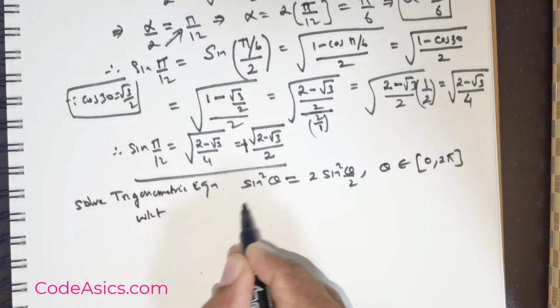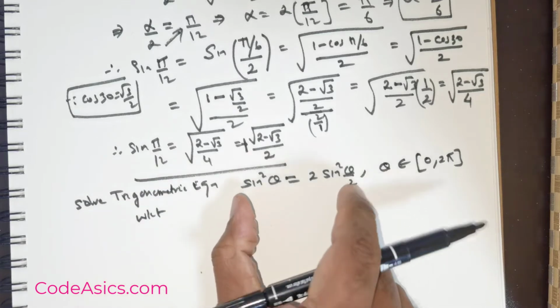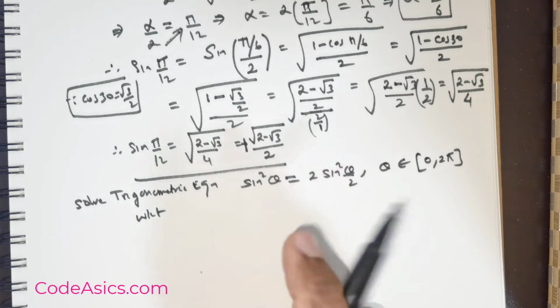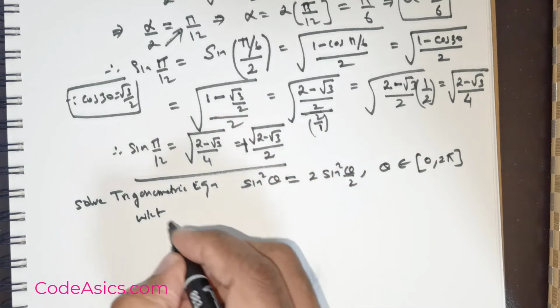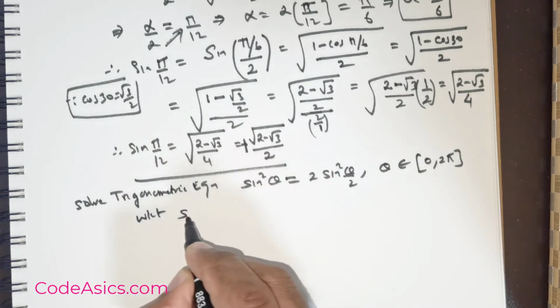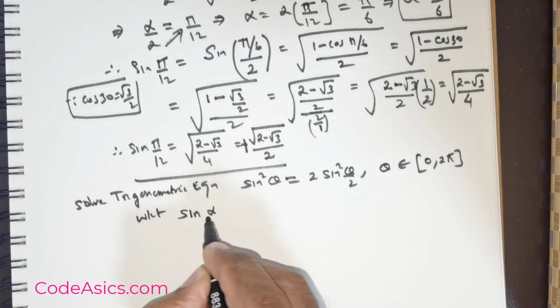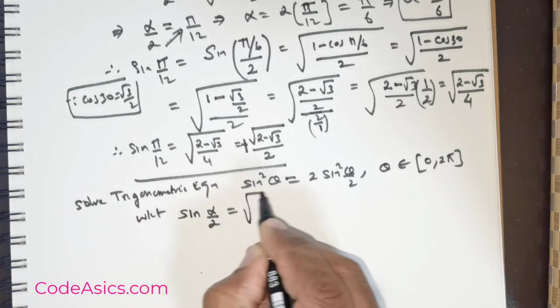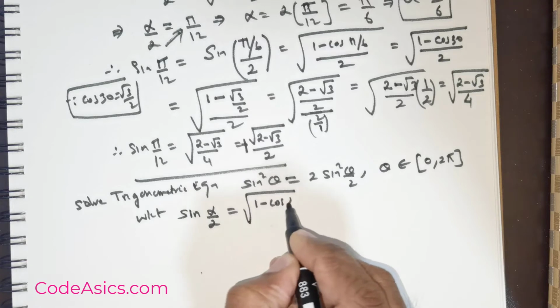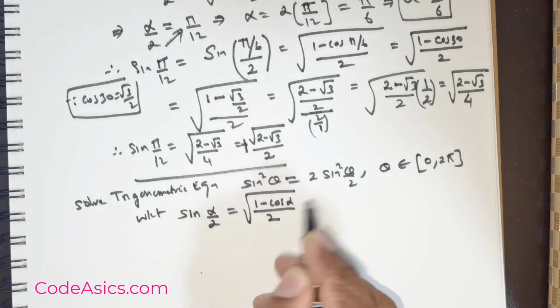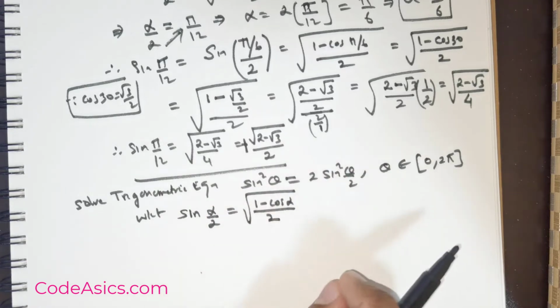We know that we need to consider this entire system as a single equation, and then proceed. So we are going to use the half angle formula. We know that sine alpha over 2 is equal to root of 1 negative cos alpha divided by 2. So we will be using this formula.